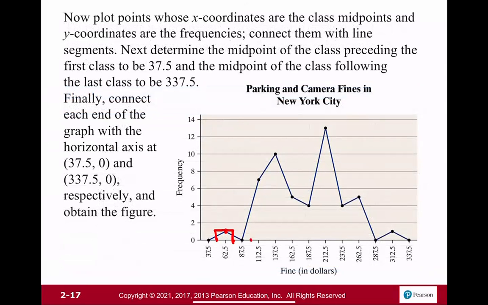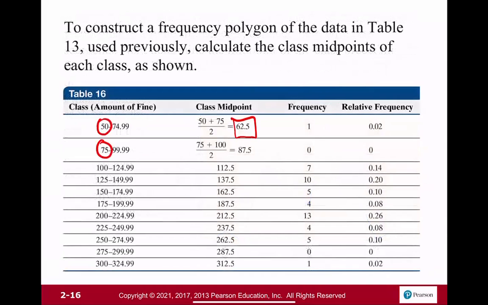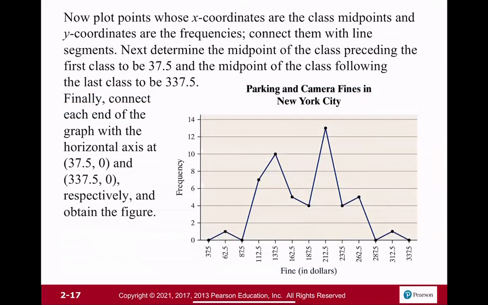And from there, between 75 and 100, we add those two numbers together, divided by 2, that gave us 85. That's how we were able to find this point right here. That's why I keep getting confused, because that was 0 right there.